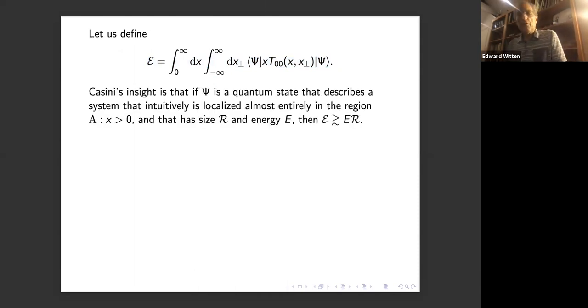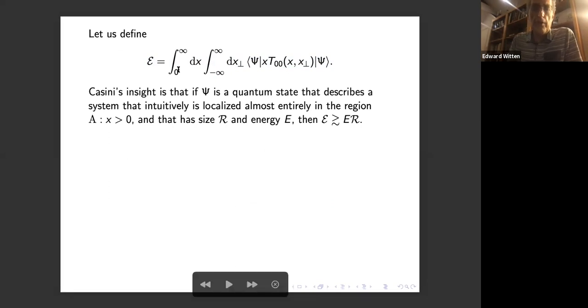Casini had the following insight. Suppose psi is a quantum state that describes a system that intuitively is localized almost entirely in the region A, which is where x is positive, and has size r and energy E. Then this integral curly E is at least E times r in order of magnitude, up to a factor of order 1.